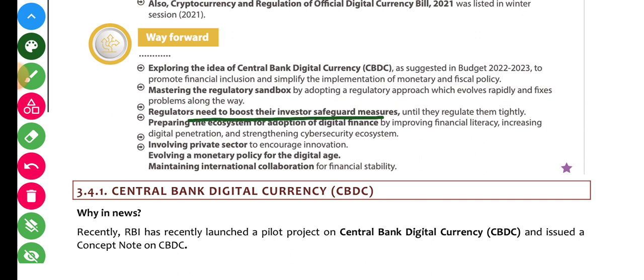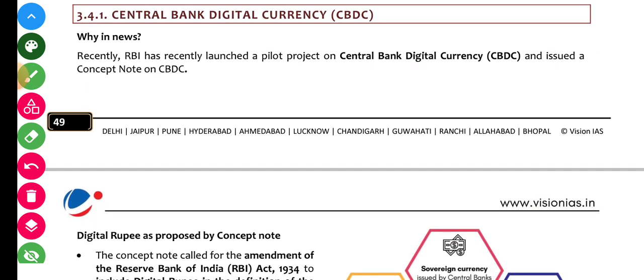Regulators need to boost their investor safeguard measures until they regulate them tightly, preparing the ecosystem for adopting digital finance, digital penetration and strengthening the cybersecurity ecosystem, involving the private sector to encourage innovation, evolving a monetary policy for the digital age, maintaining international collaboration for financial stability. So keep this in mind about the cryptocurrency reforms.